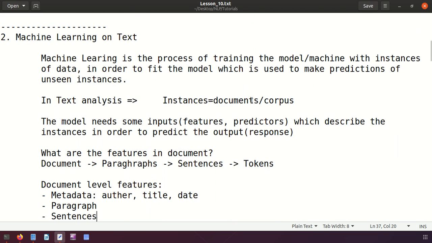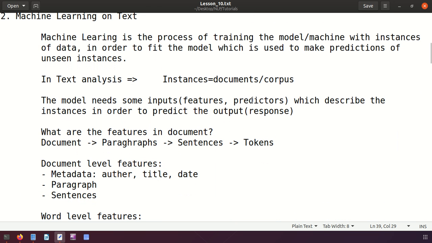Now let's see machine learning on text. Machine learning on text is the process of training the model with instances of data. The model is trained with training data, and that training data is considered as instances of the data. The rows and the columns will be considered as features.